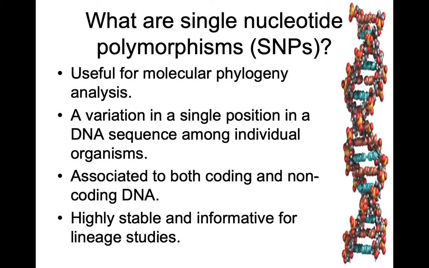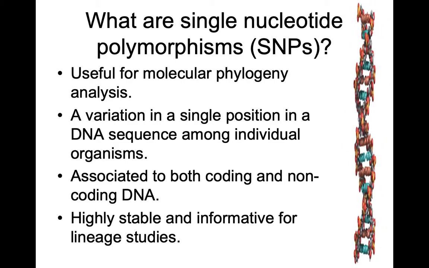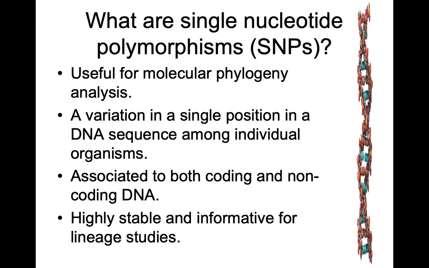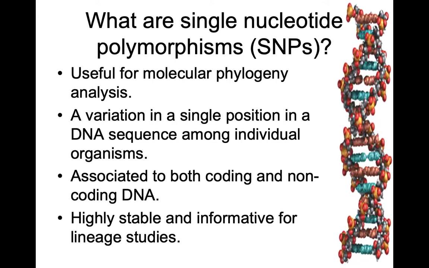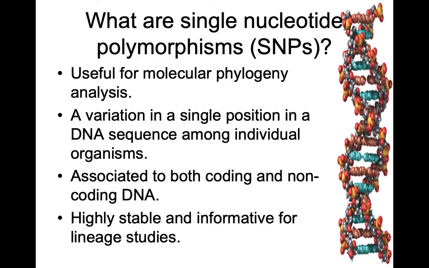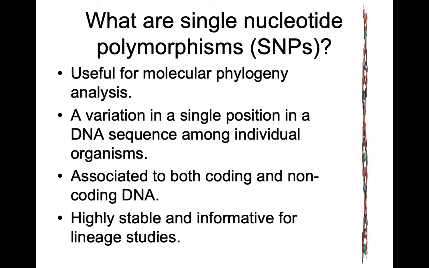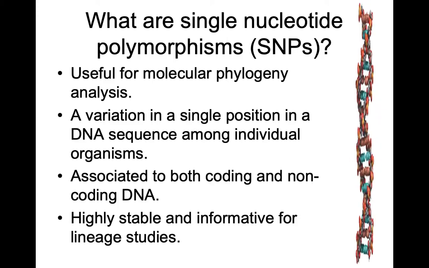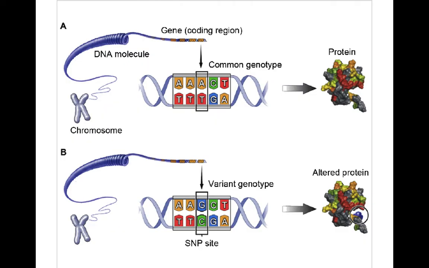The SNPs may produce a consequence or not. It's possible, especially if it's in a coding sequence. So the SNP can alter the conformation of the protein that is encoded by the gene.